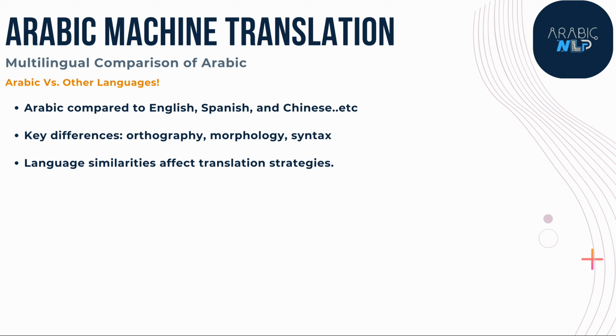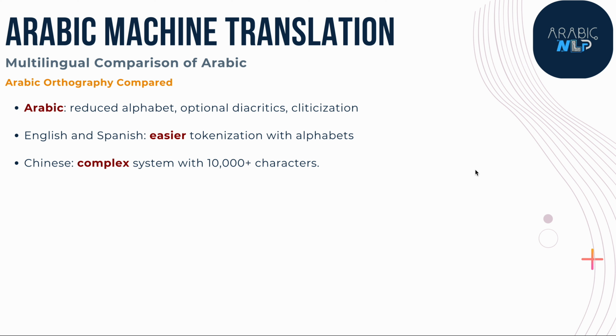Okay. So these differences lead to specific translation challenges that affect the strategies and methods used in both rule-based and statistical systems. So talking about Arabic orthography and comparison with other languages, we see that Arabic uses a reduced alphabet with optional diacritics, okay, which adds some complexity to the task of tokenization.